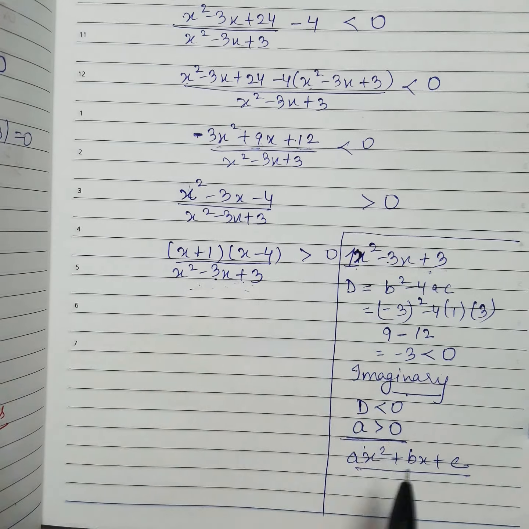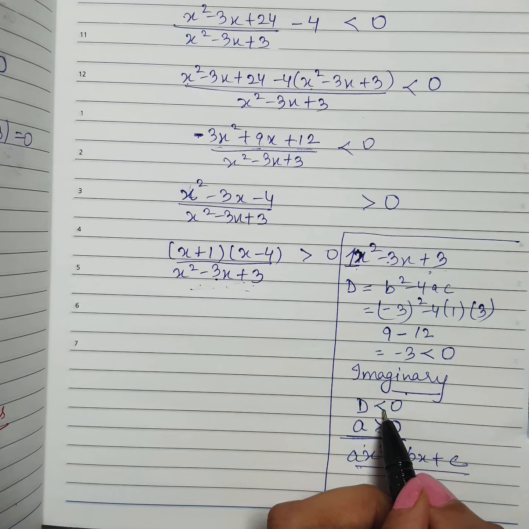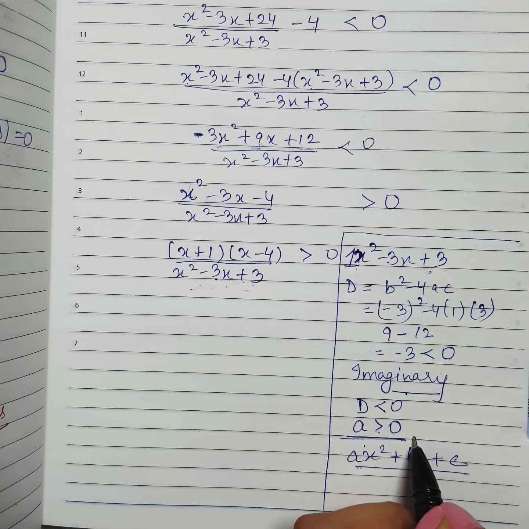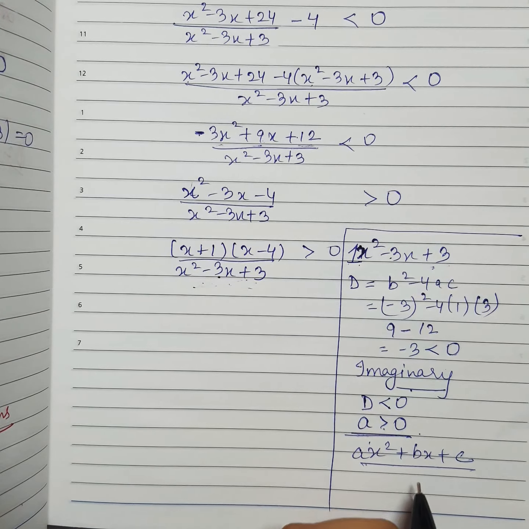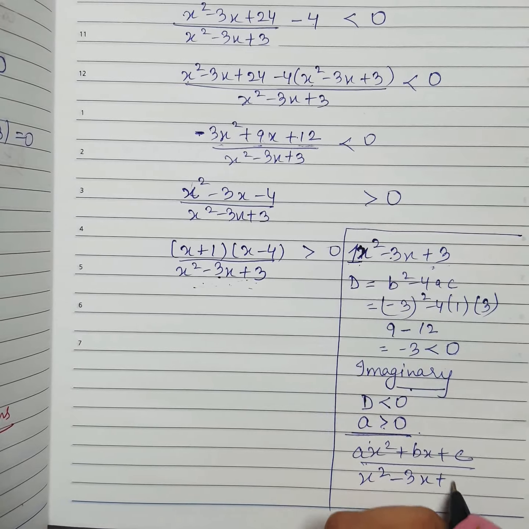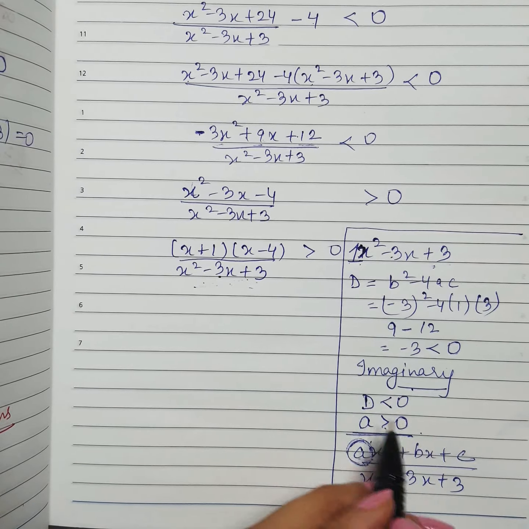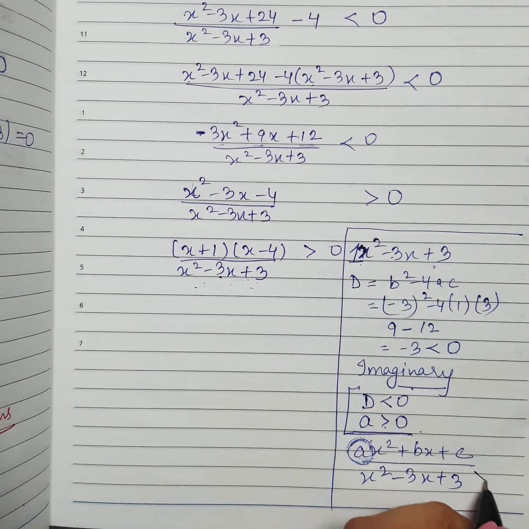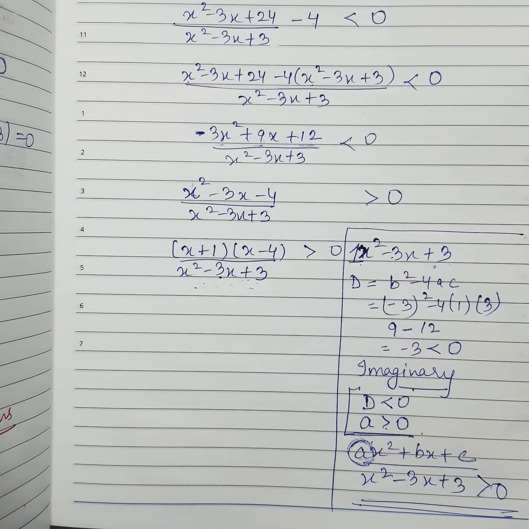Here the value of a is 1, which is greater than 0 and discriminant is less than 0. Therefore the expression is going to be positive. Whenever discriminant is negative and coefficient of x square a is positive, in these cases the expression is going to be positive always. This is what we have done in chapter 10.